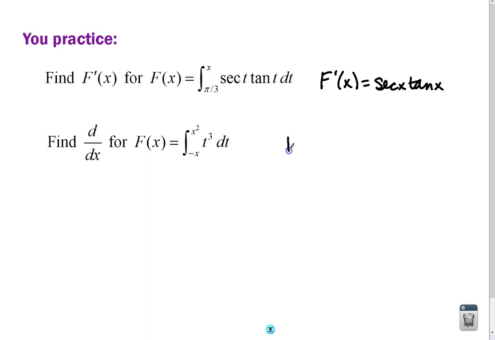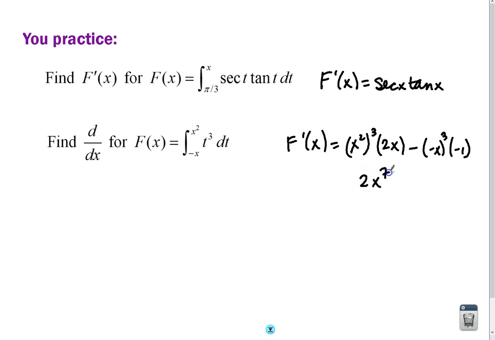And over here, f prime of x is going to be x squared cubed times 2x minus negative x cubed times negative 1. So then you're going to have 2x to the 7th, still negative x cubed.